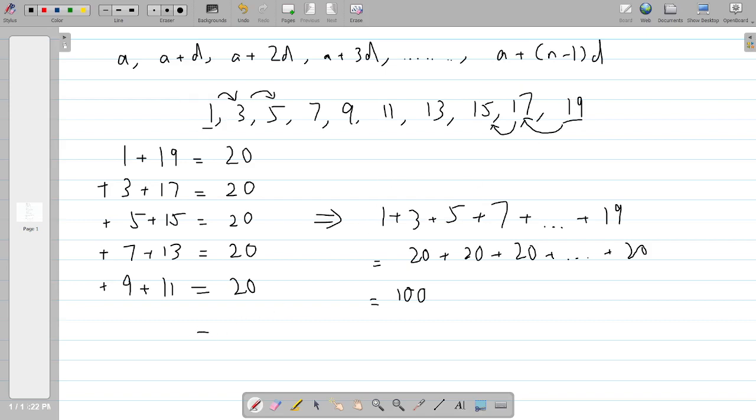Now, the important thing is that number of times. How many times do we multiply that sum by? Well, if we notice, because this has an even number of terms, this one's 10 terms, we will be able to group this sequence into 5 distinct pairings, right?